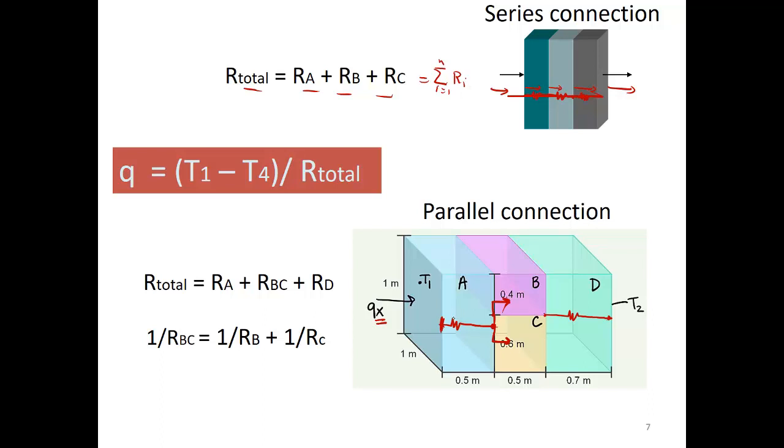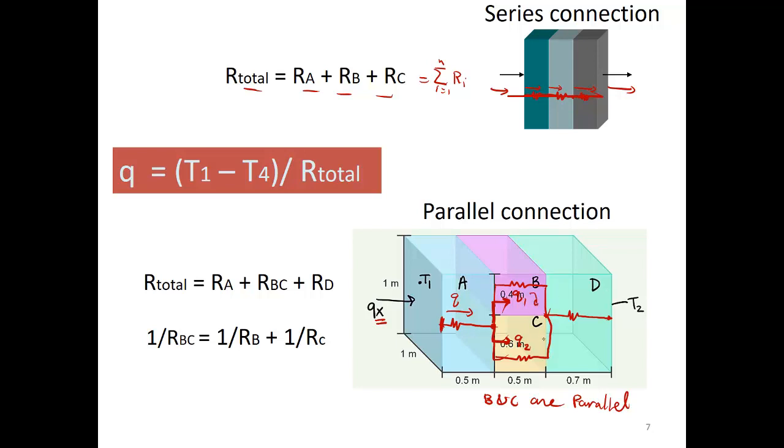When you have parallel, Q is coming in this direction, and then it's going to split up and down, so you have Q1 and Q2. So you would say B and C are parallel. So now you have one resistance here and another one here, and then they meet up and flow through D. Look what happens back.